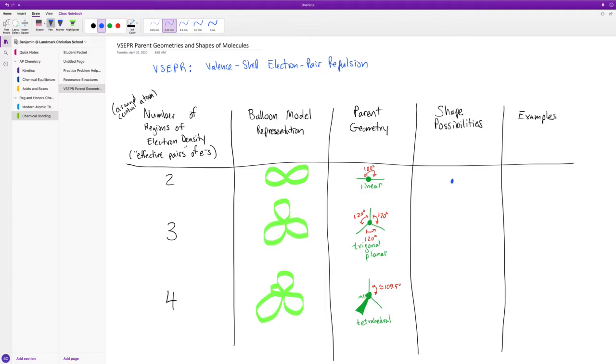Imagine your central atom bonded to two other atoms. Okay, and these little lines represent electron regions, electron pairs that repel each other. So just like these balloons are going to spread out and make a linear arrangement, these electron pairs, these bonding pairs, spread out and we get a linear molecule.